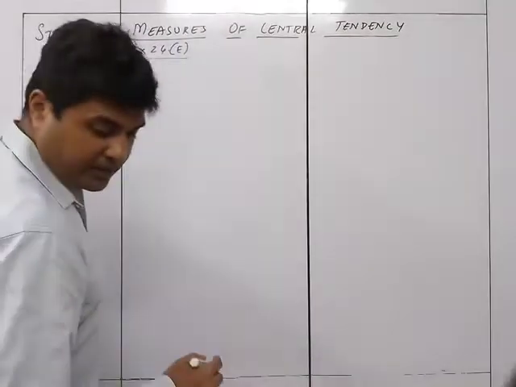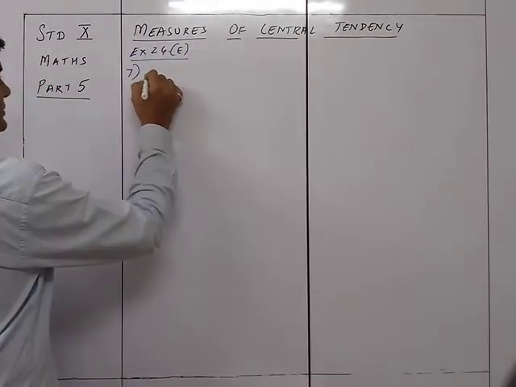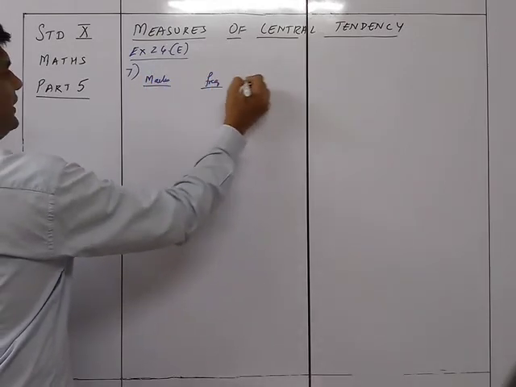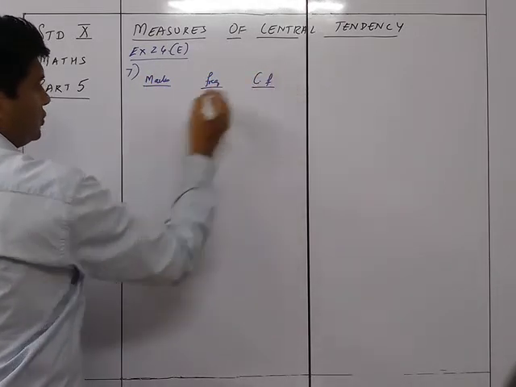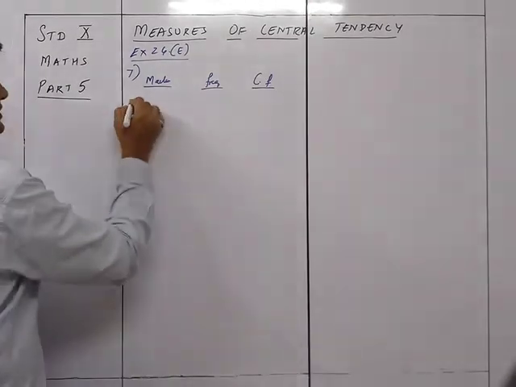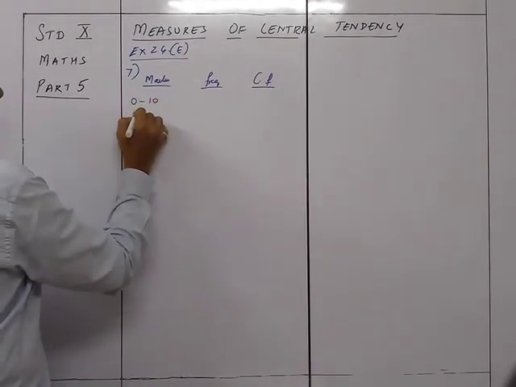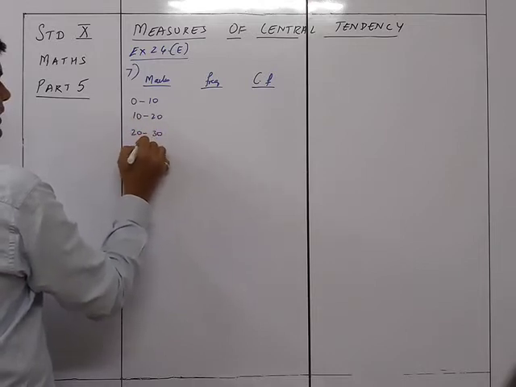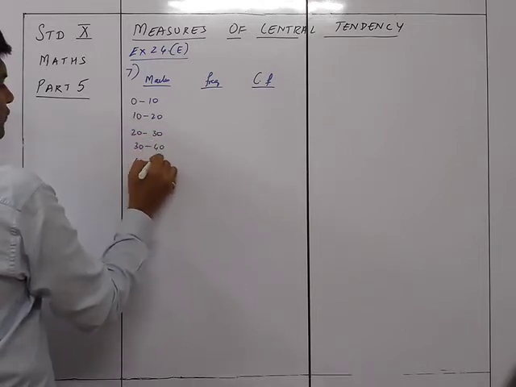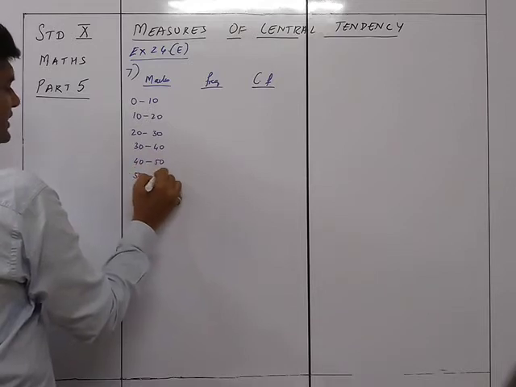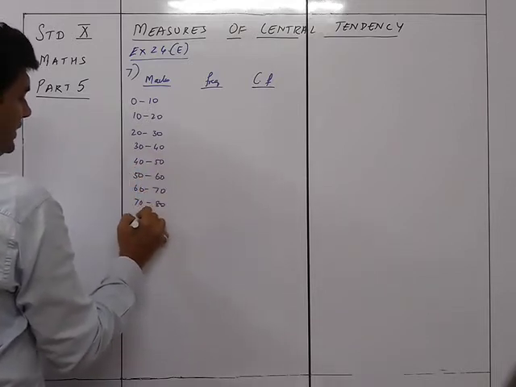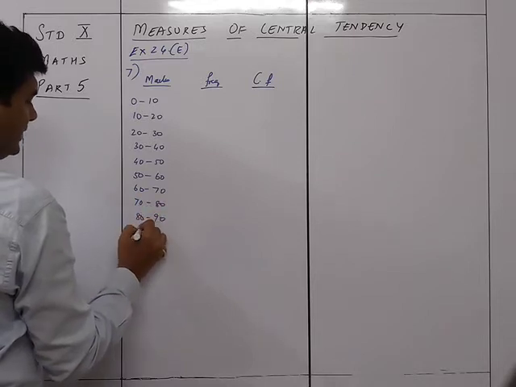So what we have over here is the marks and the frequency. We'll require the cumulative frequency. So it is from 0 to 10, 10 to 20, 20 to 30, 30 to 40, 40 to 50, 50 to 60, 60 to 70, 70 to 80, 80 to 90, 90 to 100.